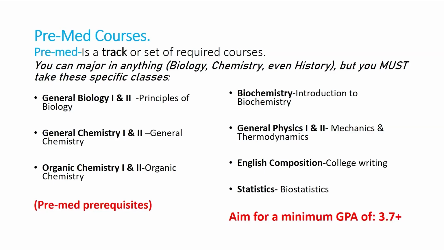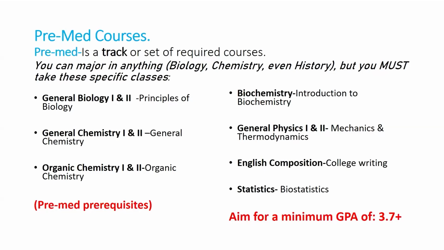Someone might be wondering, what if I'm doing history or English or teaching? This is it: you can major in anything. You can do any degree that you want, but you must take these specific courses or classes.